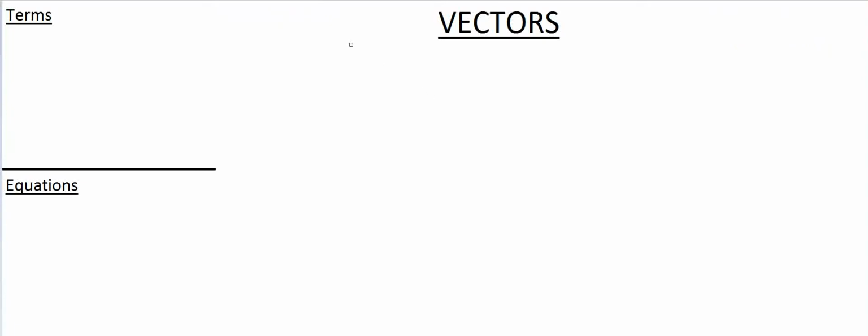Vector resolution is basically like finding the sum of two vectors. So let's say you have this vector and you have this vector, and you want to find the sum of these two vectors.